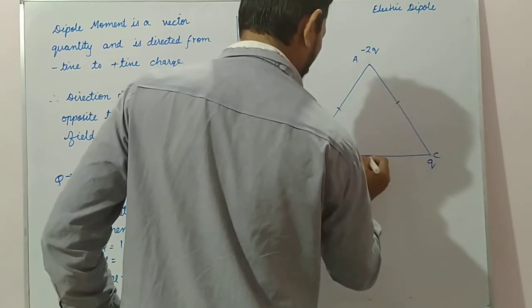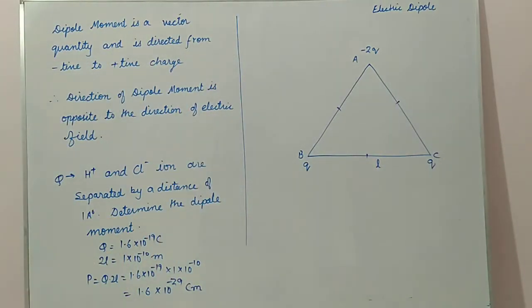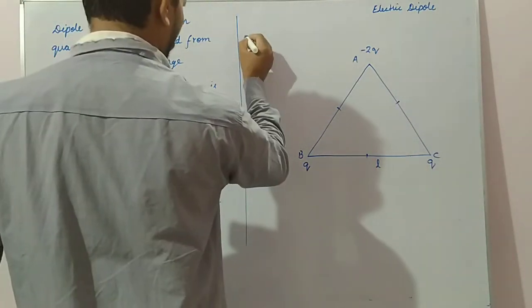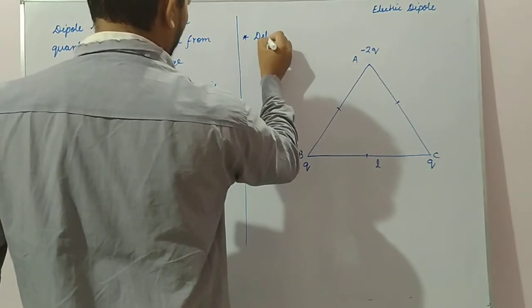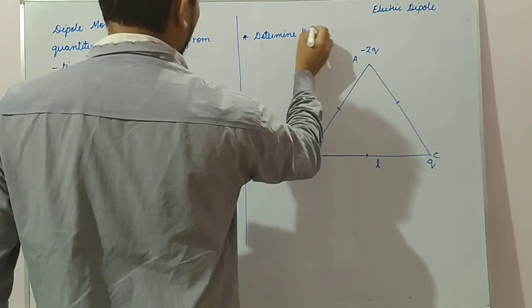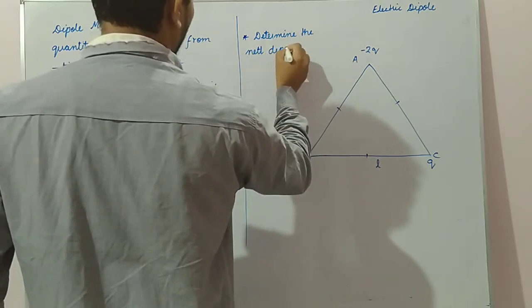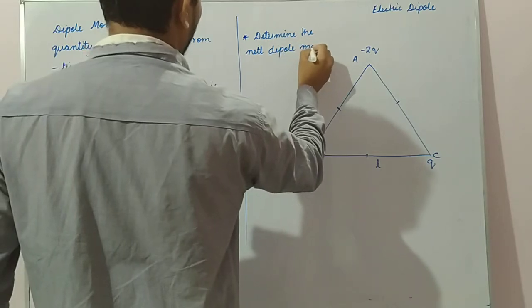This is an equilateral triangle and the length of each side is L. The question is: determine the net dipole moment.